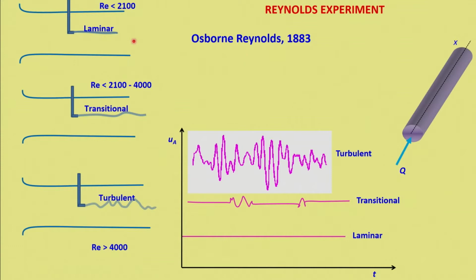But how? If you keep no disturbances upstream. But then what is this 2100? No matter what disturbance you keep upstream, the flow is going to remain laminar for Reynolds number less than 2100. That is the significance of Reynolds number 2100.